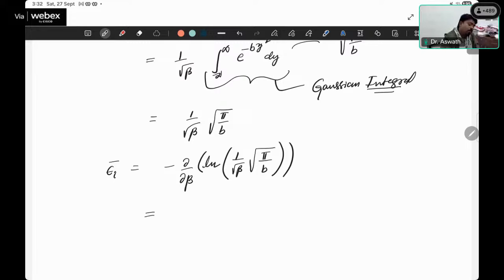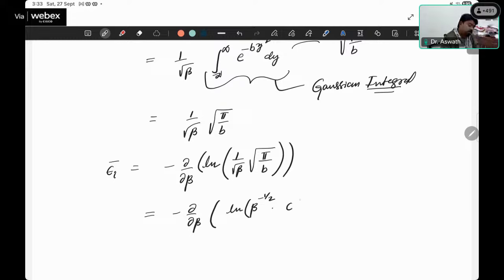Now let me find it by expanding. What you see here is minus the derivative with respect to beta of log of beta to the power of minus half, times some constant.